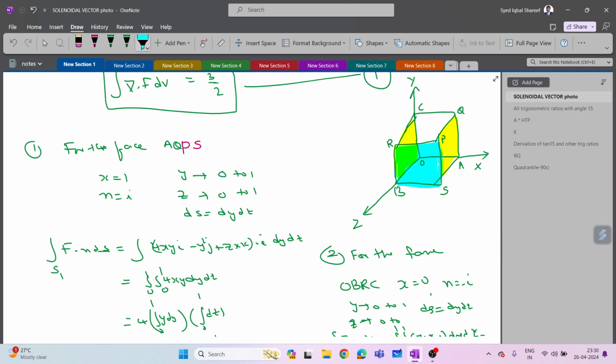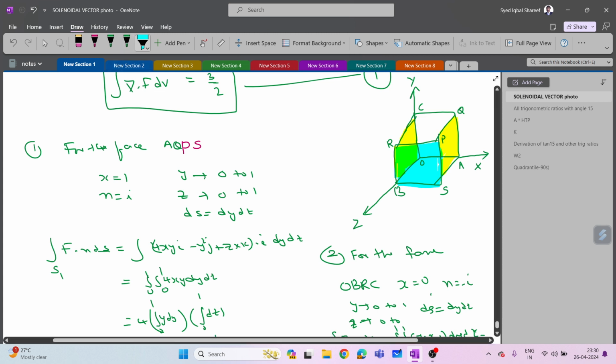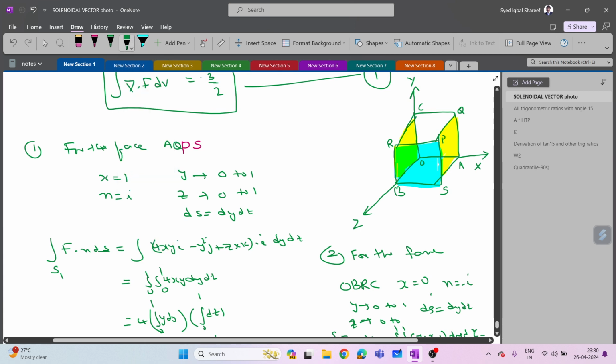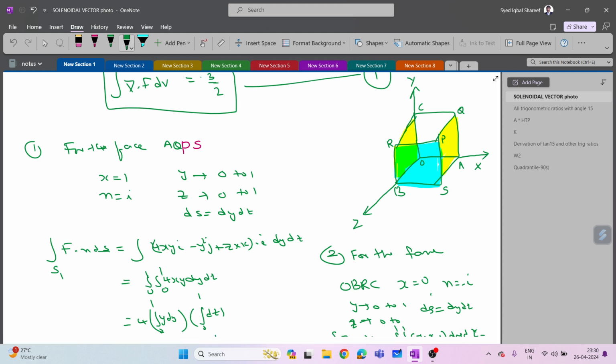Then we'll go for the phase opposite to this. BQPR means here you see.